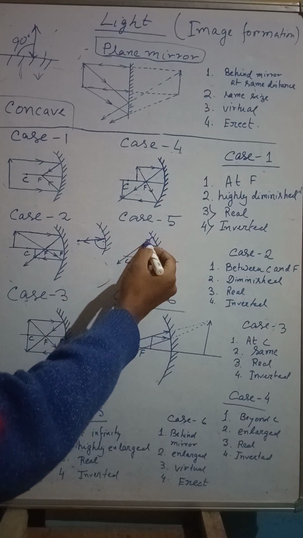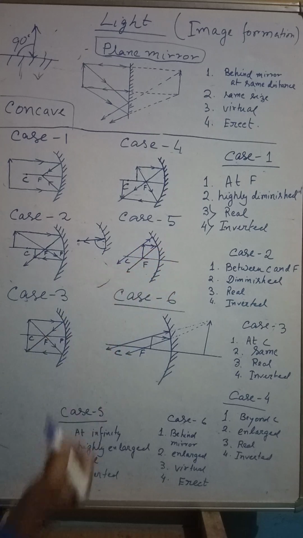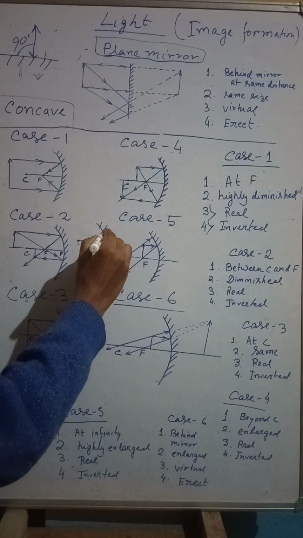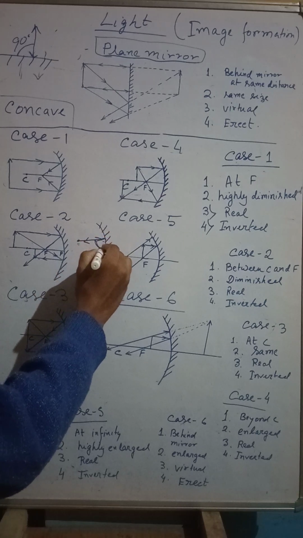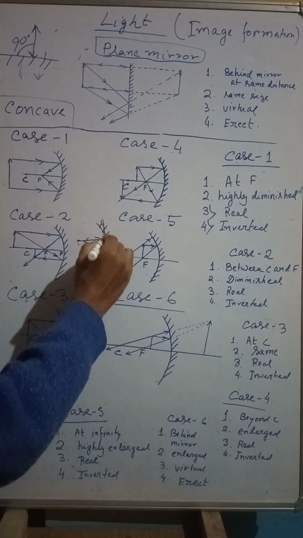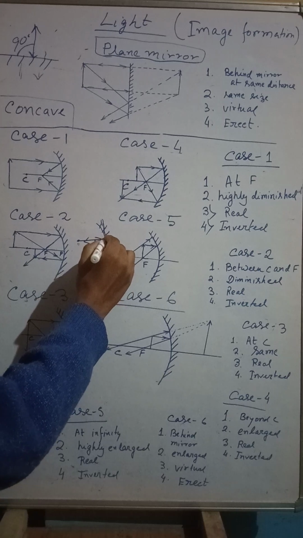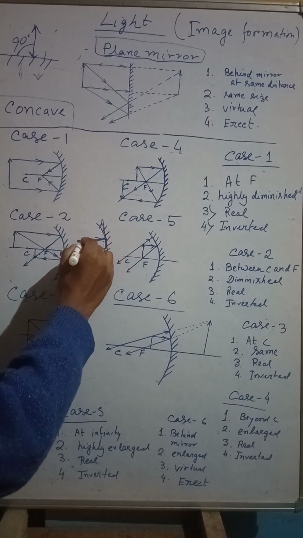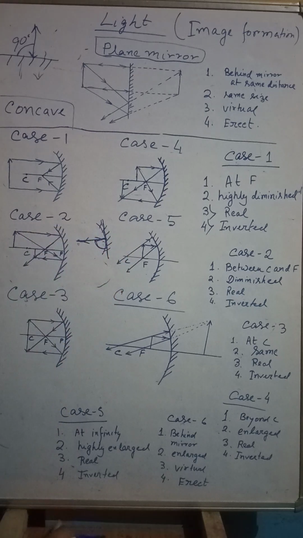So the reflected ray will go through the center of the sphere, that is the center of curvature. If this is 90 degrees, suppose this is a tangent. From this tangent point, the reflected ray will go through the center of the sphere, that is the center of curvature.